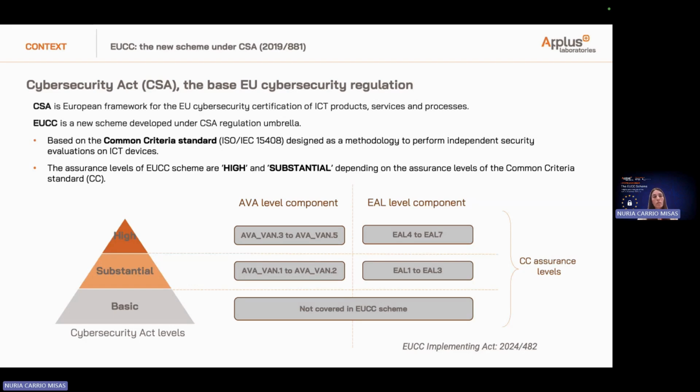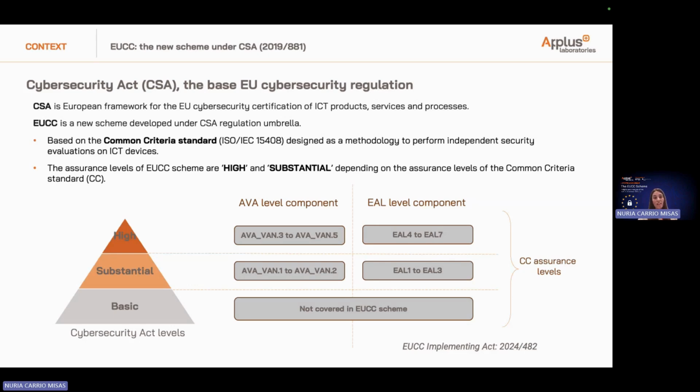Mainly, it sets the rules to create new schemes, have harmonization, and facilitate a single digital market within the EU. The EUCC scheme was one of the first candidate schemes developed under the CSA, and is specifically focused on certifying ICT products. The EUCC aims to harmonize the approach to security certification, reducing fragmentation and ensuring a consistent level across the region, across the EU.